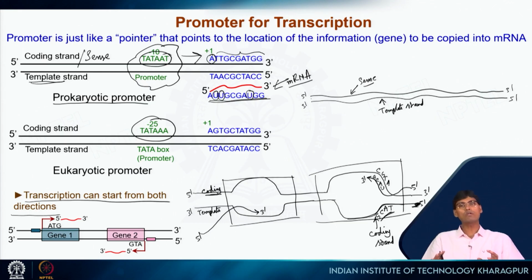So what I want to mention is that our DNA is a long sequence, but information can be present in both strands. Both strands can be coding strand or template strand, depending on the gene, its orientation and everything. The system is very complex, but we have very good machineries to read it properly and make the correct product out of it. That's all.